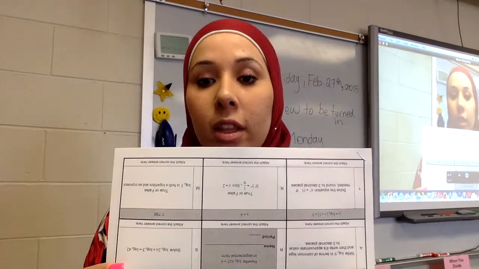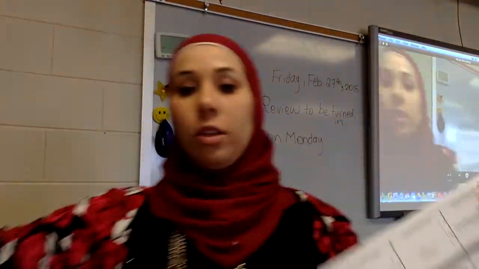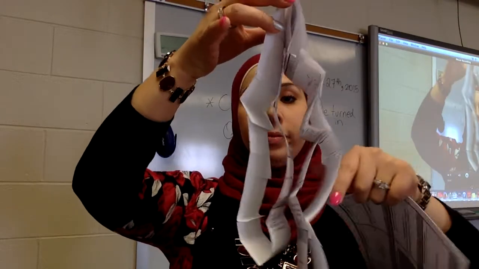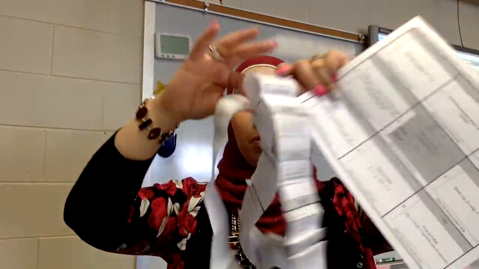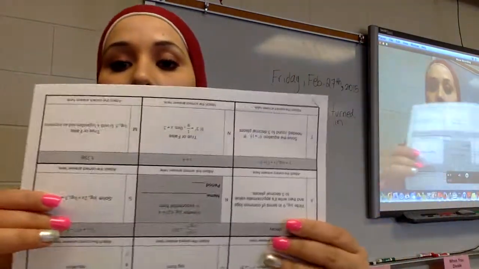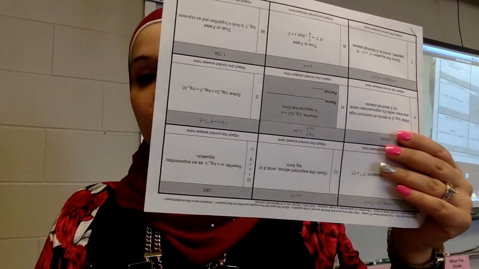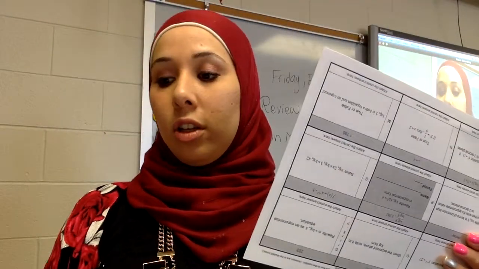Now let's see how we can fold this. Basically we're going to be transforming this into this, which is a loop, the infinity thing. How are we going to do this? You start first of all by cutting around the perimeter of the rectangle, so your sheet should look like this.